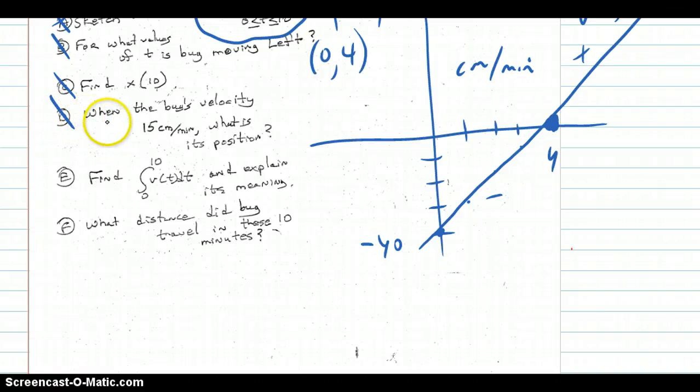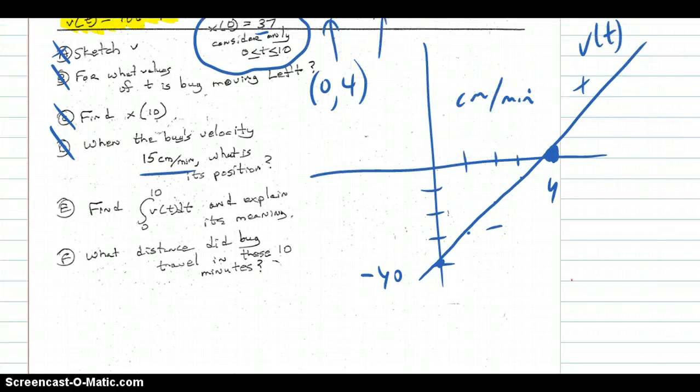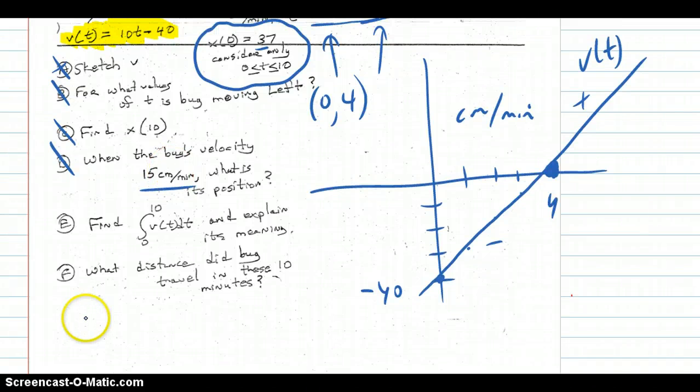When the bug's velocity is 15 centimeters per minute, what's its position? We need to think about that one for a second. The formula for velocity is 10t minus 40, and the velocity is 15.